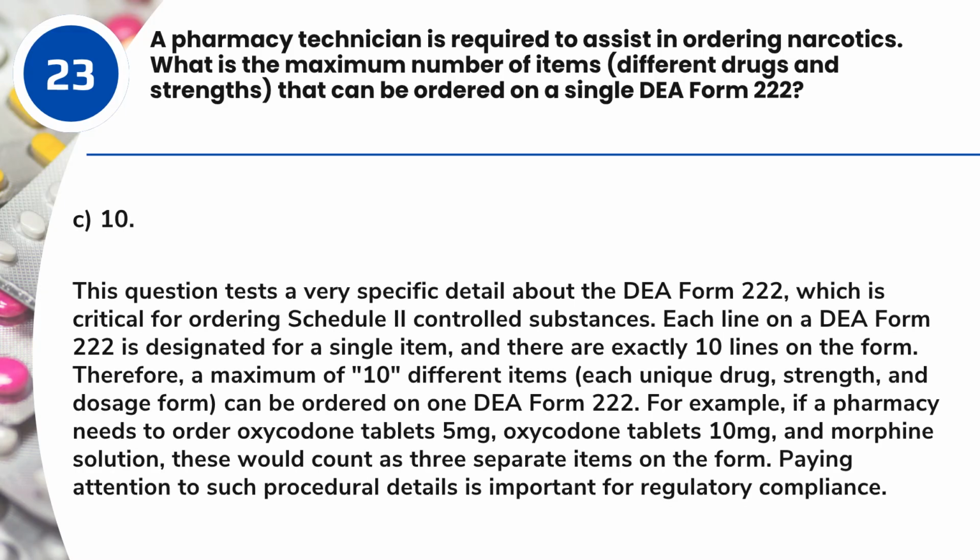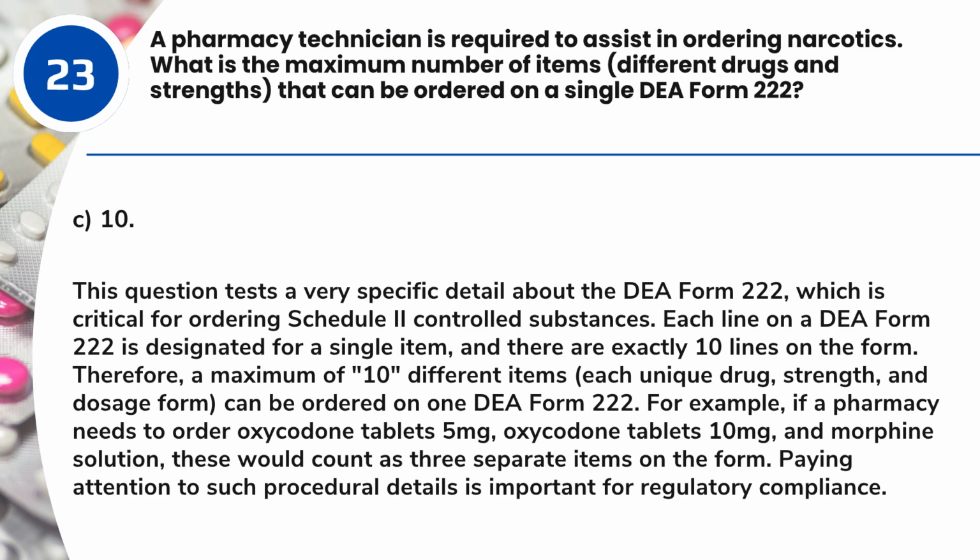Answer: C. 10. This question tests a very specific detail about the DA Form 222, which is critical for ordering Schedule 2 controlled substances. Each line on a DA Form 222 is designated for a single item, and there are exactly 10 lines on the form.